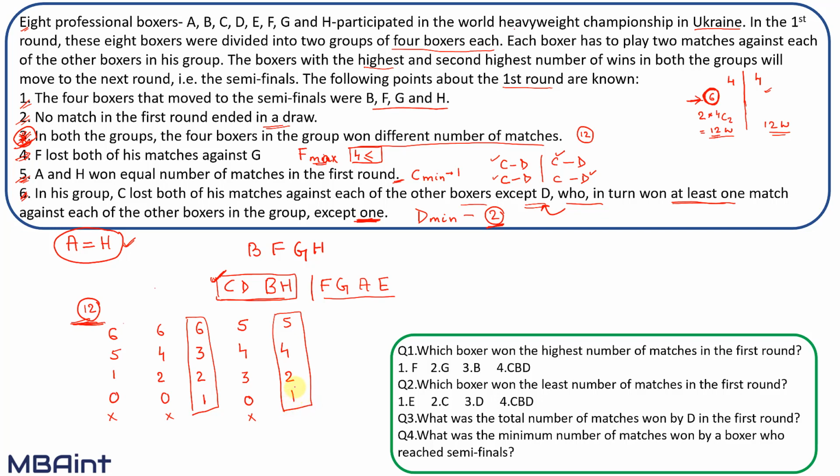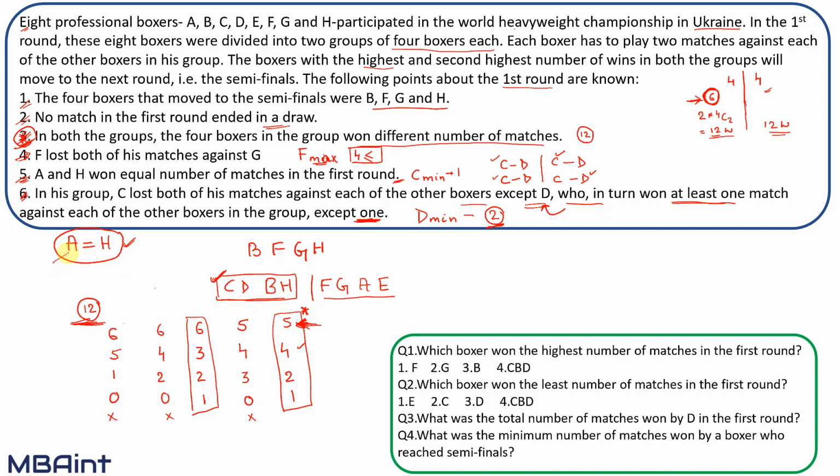Fine. Now if we look into this case, B and H would be these two. Now H can be either 5 or 4. Even if H is 5, there should be another set that complements it in such a way that A scores 5 but is still not selected.